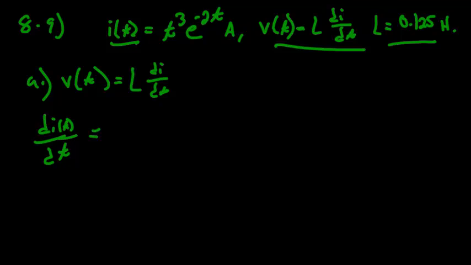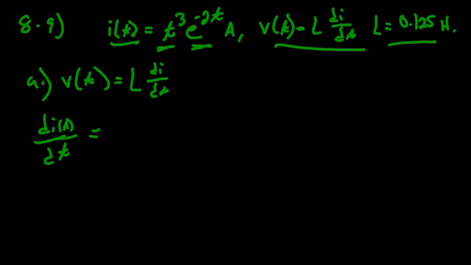So what do we have to do? We've got to do the product rule, right? The product rule is the derivative of the first function times the second function, plus the derivative of the second function times the first function. The first function in i(t) is t to the third, and the second one is e to the negative 2t, right?